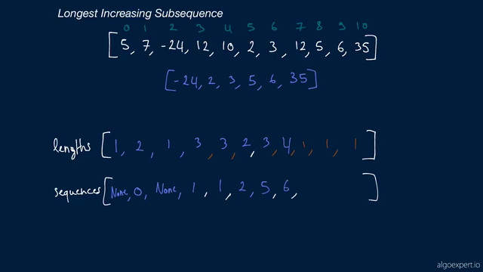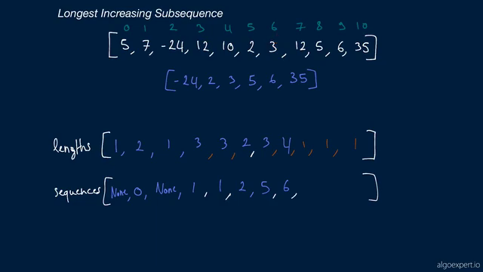So I'm going to take a quick break here just to make sure we're on the same page. What does this mean? What do these two values mean? It means that at this index, index 7, we've got a longest increasing subsequence of length 4 that ends in the number 12. The number before 12 in this longest increasing subsequence originates from index 6, which is the number 3.